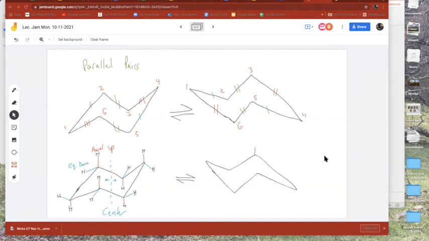And then axial down, axial up, axial down, axial up, axial down. There we go. And then my equatorials are, I got to go out from the center. So it's equatorial down and out, up and out, down and out, up and out, down and out, up and out. And since it's cyclohexane, I got to draw on my hydrogens. I don't want people thinking those are methyls.